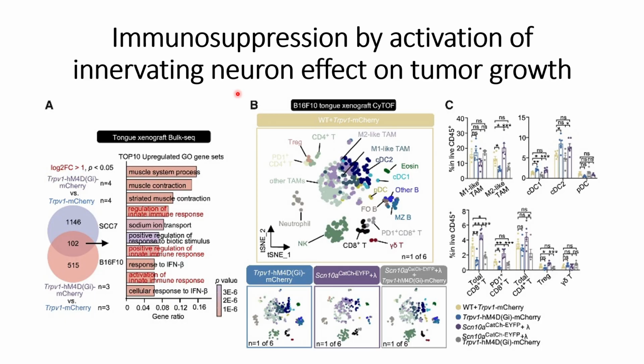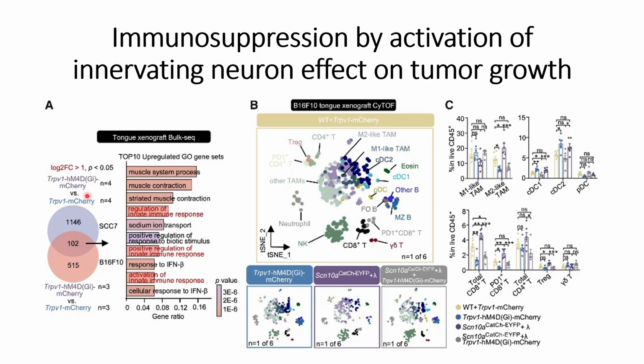In order to do this analysis, they took two different tumor models, B16F10 and SCC7. Here the results are shown for B16F10, where they did RNA-seq analysis of samples from two different conditions.